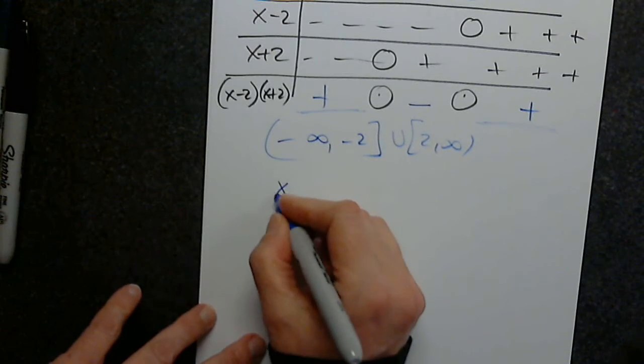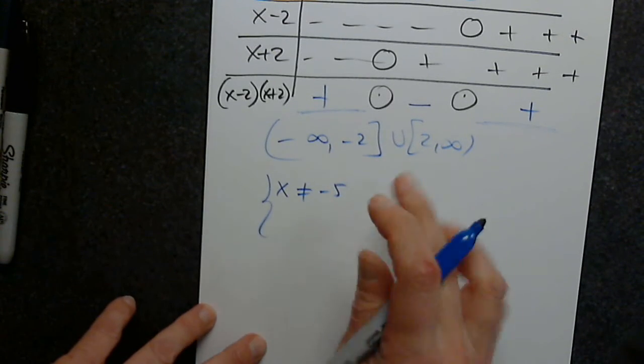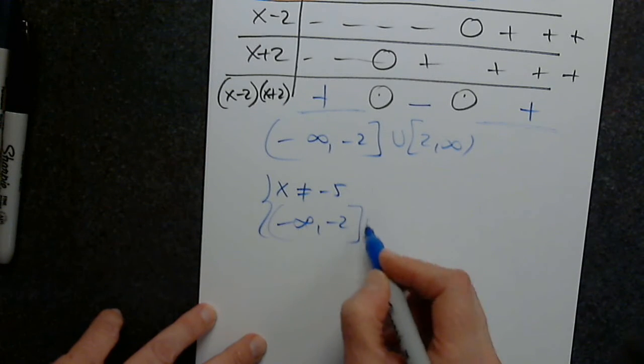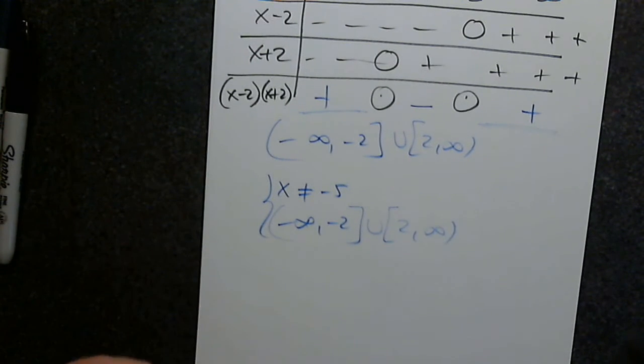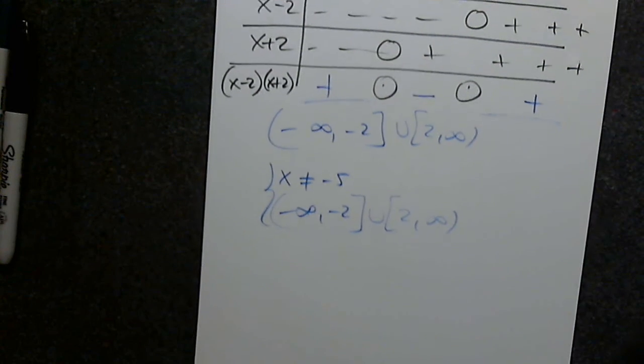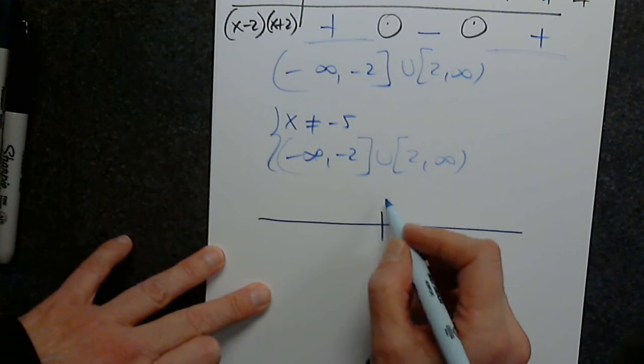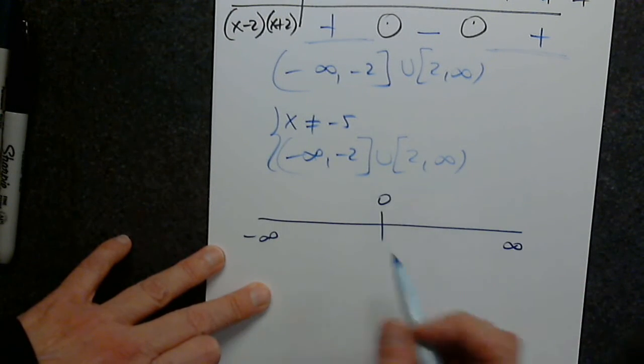Okay, we're back now to what we had. We had two conditions. One condition was this, and the other condition is this. Now we have to intersect the conditions, right? So when I graph this, which I really don't need to, but let's graph it for now.